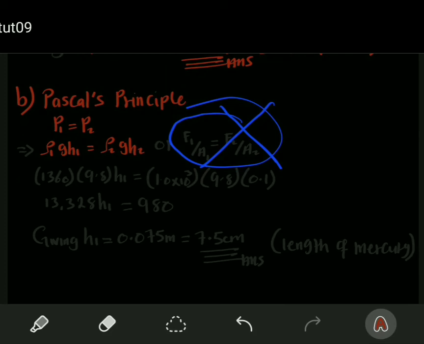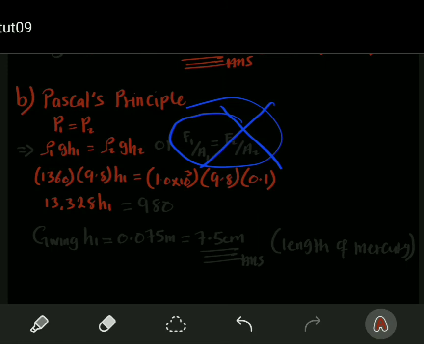So we substitute the values of rho 1, the density of mercury, which when converted to kg per cubic meter gives us 1360, multiplied by g multiplied by the length of the mercury, which we don't know, being equal to the density of the water multiplied by 9.8 multiplied by the length of the water column, which we just found.